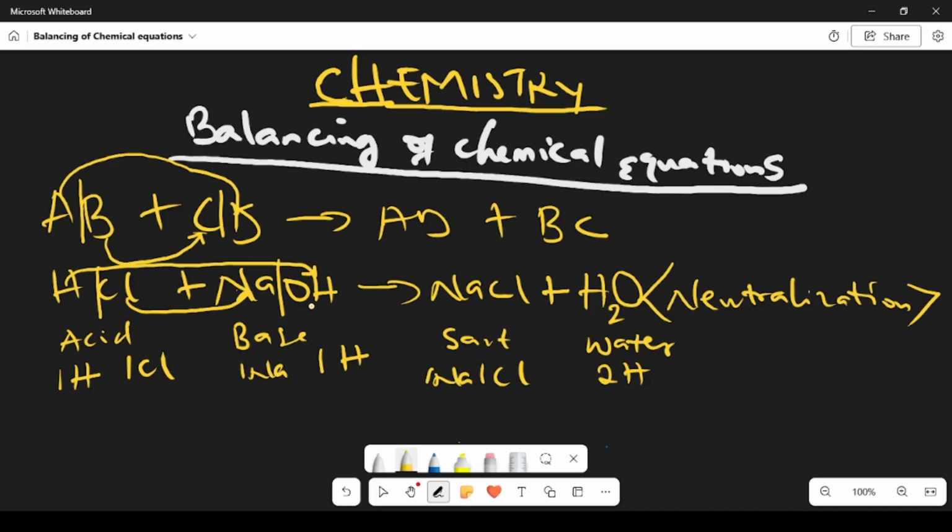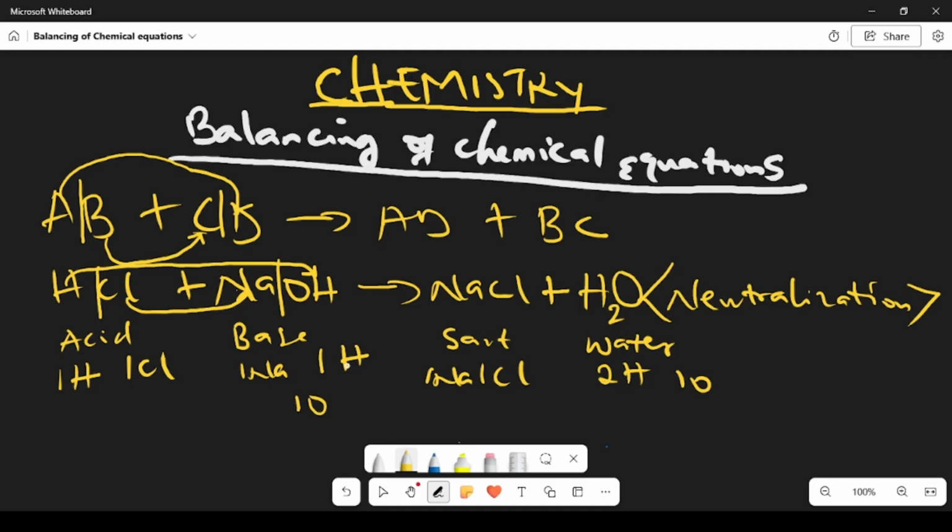Now remaining oxygen, which is still 1 atom of oxygen and 1 atom of oxygen, meaning that this equation is balanced. You don't need to add any numerical values or any value of any kind to balance it again because it's already balanced.